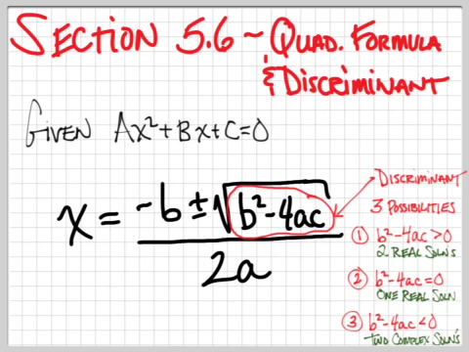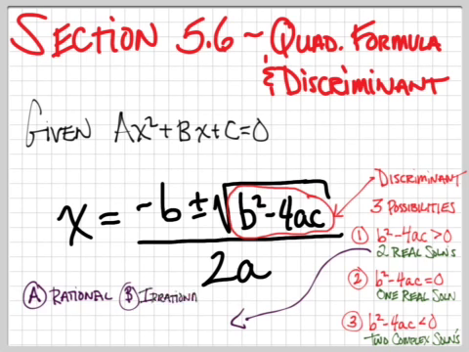What I want to take a look at real quick is what these real solutions could look like. So I could have rational or irrational solutions. What's a rational number again? All right, what's the smallest set of numbers? Natural numbers. Good.